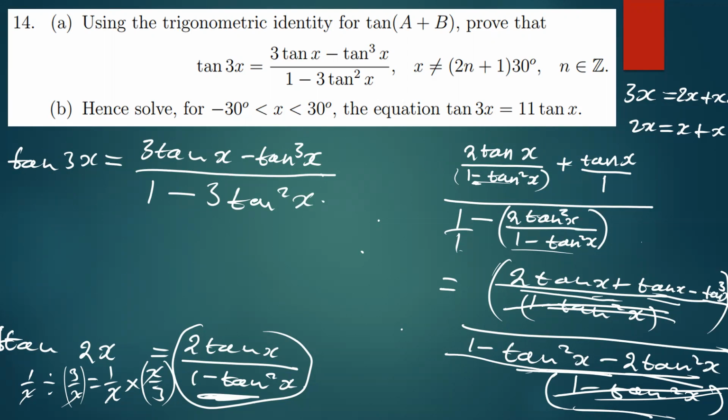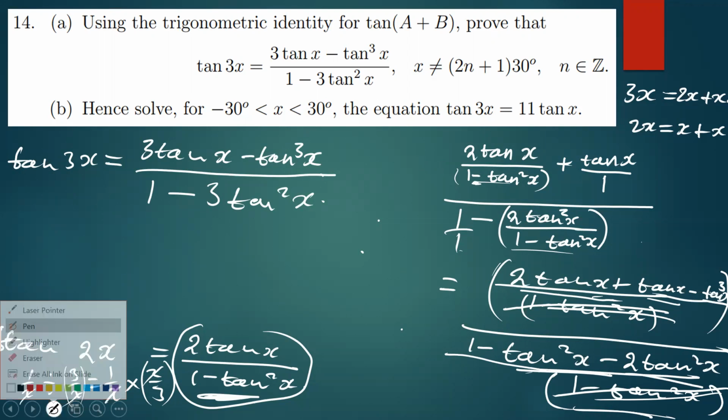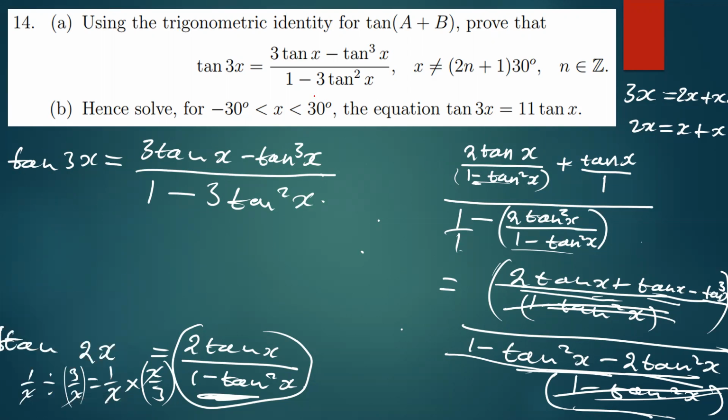So as you can see, we have found what they wanted us to find. They wanted us to prove that tan 3x is equal to this, and this is exactly what we have found here. We can therefore conclude that hence proved, we have proved.